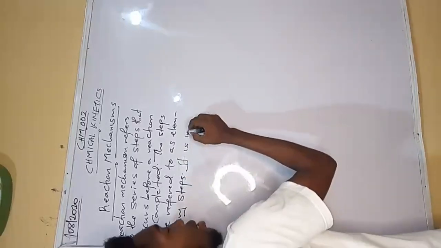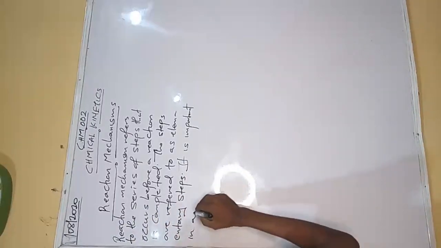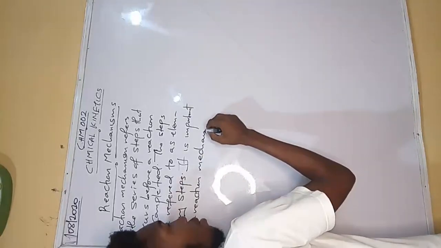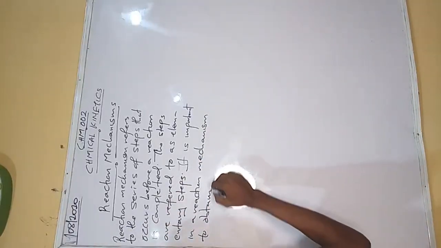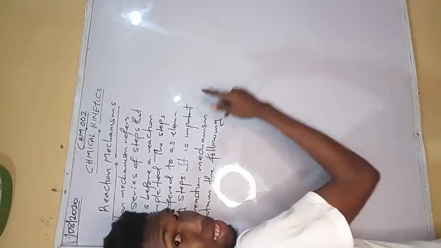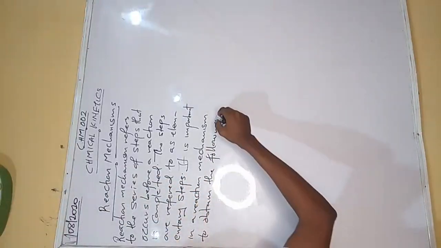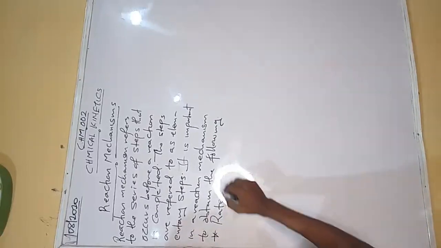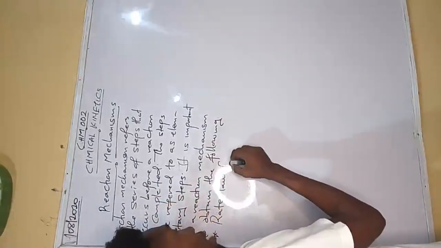It is important in a reaction mechanism to obtain the following. Now, in your reaction mechanism, you must know that there are three things that you'll be able to obtain. The first thing you'll be able to obtain in your reaction mechanism is your rate law, which I should remind you is written in this format.